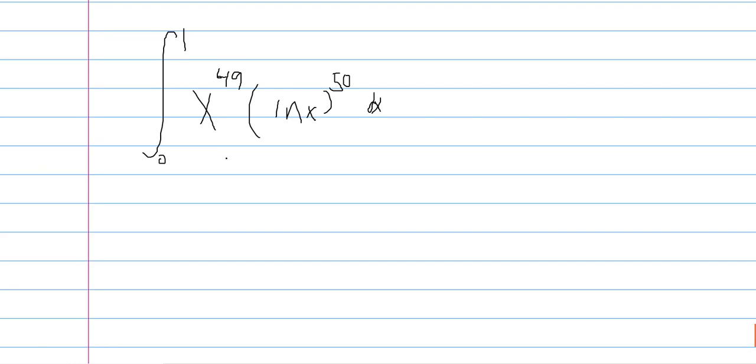In fact, we use the same substitution, u equals negative ln x, because it has the same properties. It takes 0 to 1 to 0 to infinity due to the negative and due to the properties of the natural log. So right off the bat we have 0 to infinity.